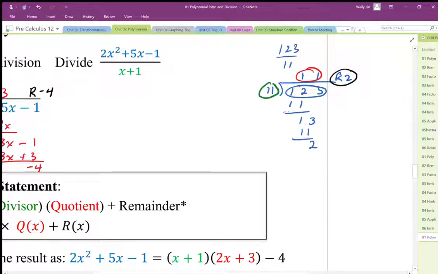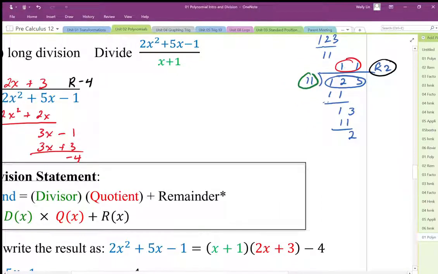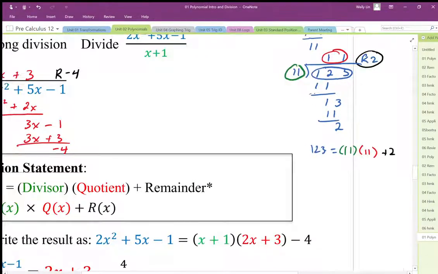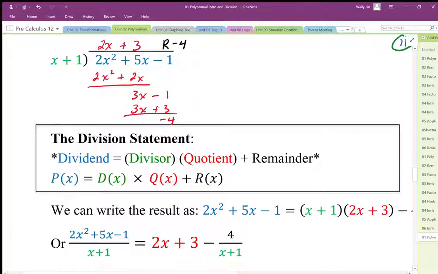So what this says is that 123 is equal to the divisor, 11, times the quotient, 11, plus the remainder, which is 2. Which is true. 11 times 11 plus 2 is my original 123. And so that's what we get here.